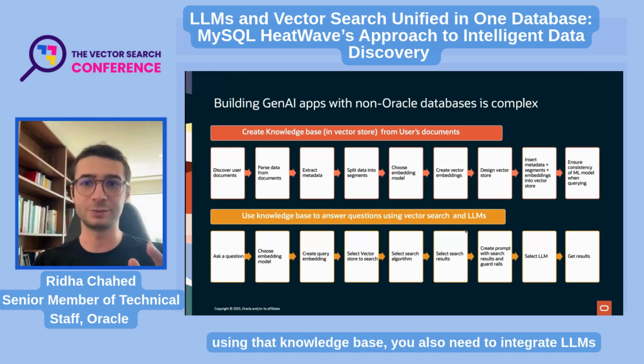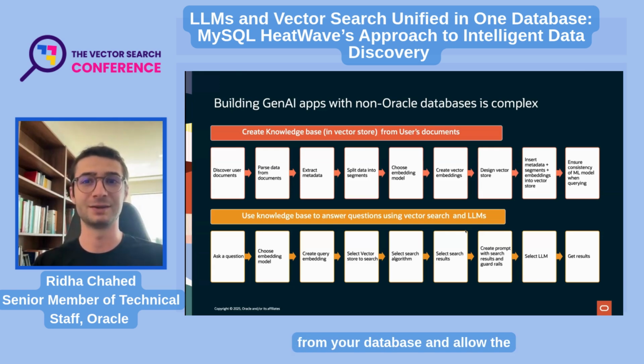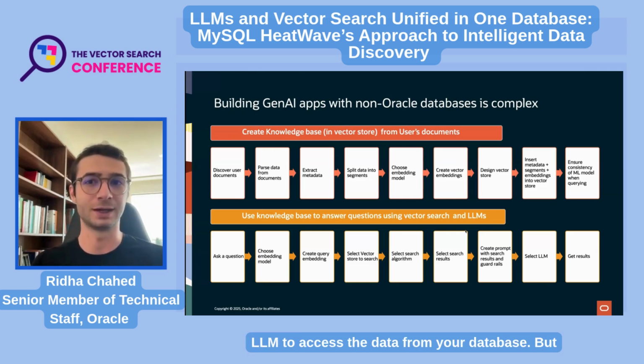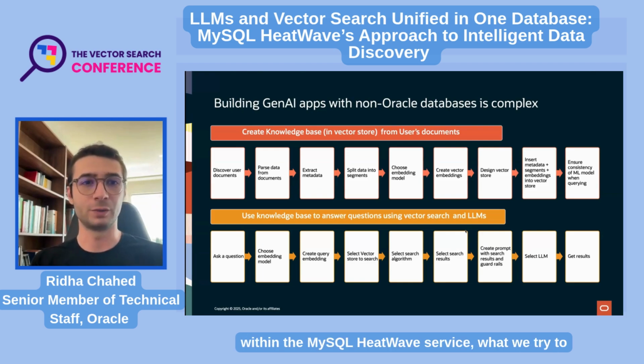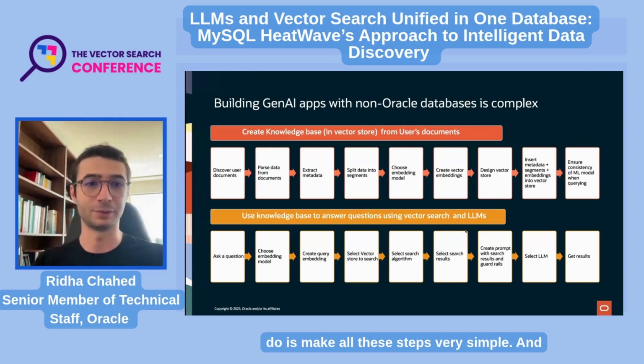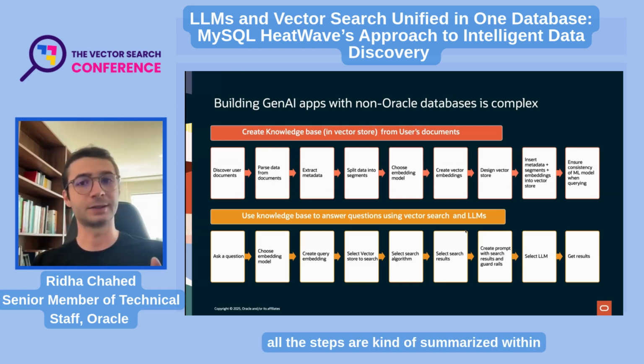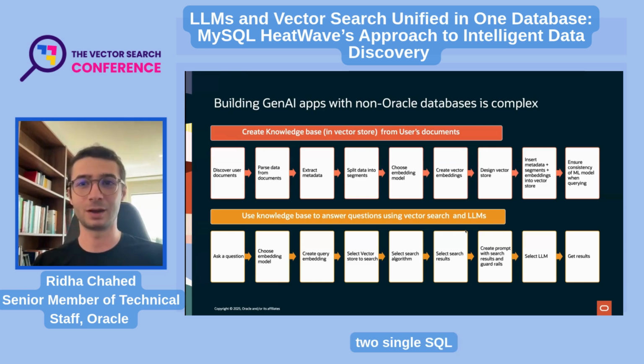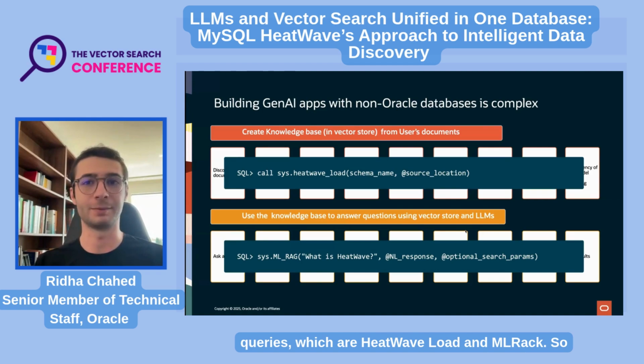Then, using that knowledge base, you also need to integrate LLMs from your database and allow the LLM to access the data from your database. But within the MySQL HeatWave service, we make all these steps very simple. All these steps are summarized within two single SQL queries, which are HeatWave load and ML RAG.